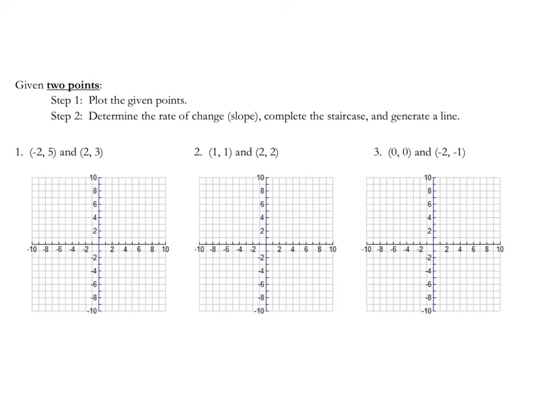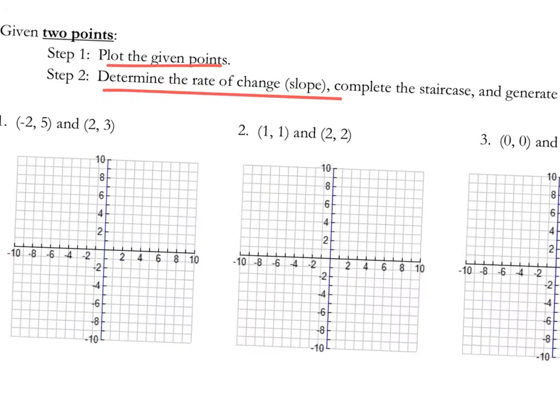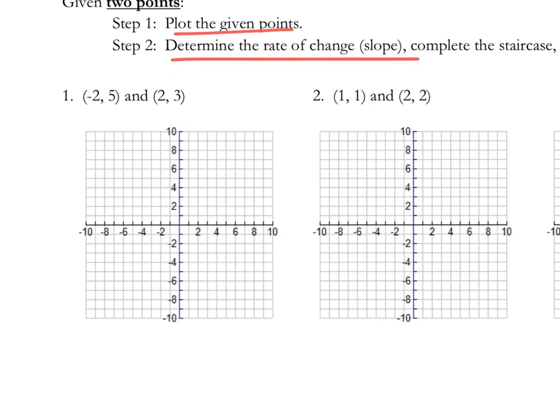This is a little bit different. This is actually not bad at all. We're just going to plot the given points. If we want to, we can determine the slope and build more of the staircase. So for my first example, let's plot these points. Negative 2, 5, and positive 2, 3.